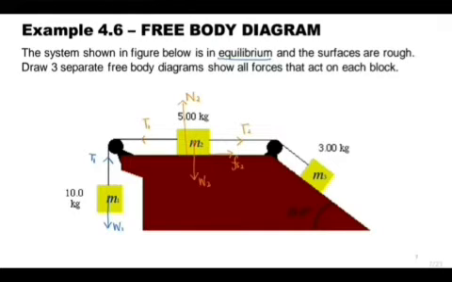Direction of static frictional force of M2 is pointing to the right because there is a tendency of the blocks to move to the left since M1 is the heaviest among all blocks. Lastly, M3.